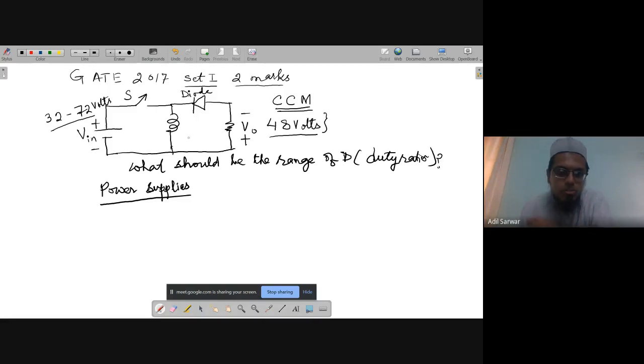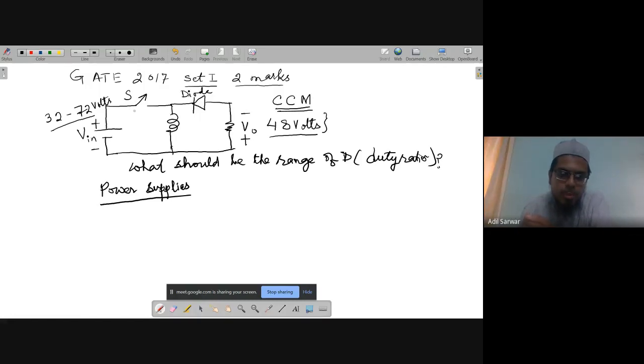In such cases we have some closed loop control, because closed loop control is necessary to sense the output voltage and take corrective action if it is varying more than the allowed value. That is controlled by varying the duty ratio of the switch.